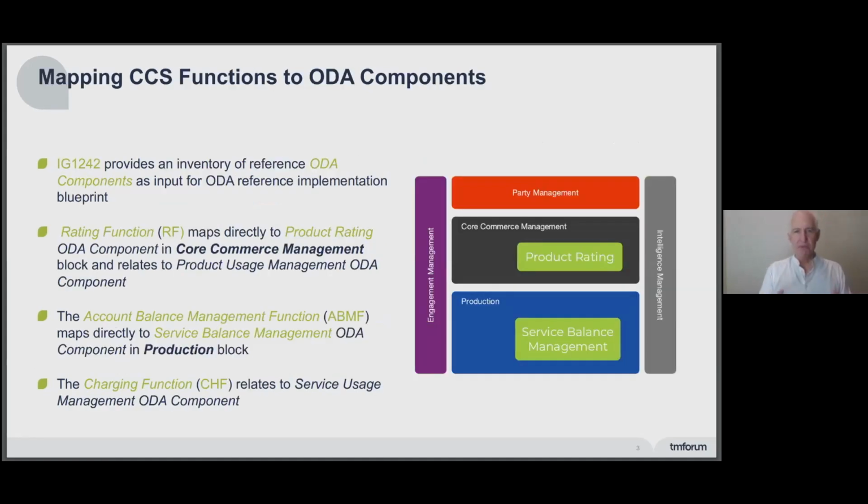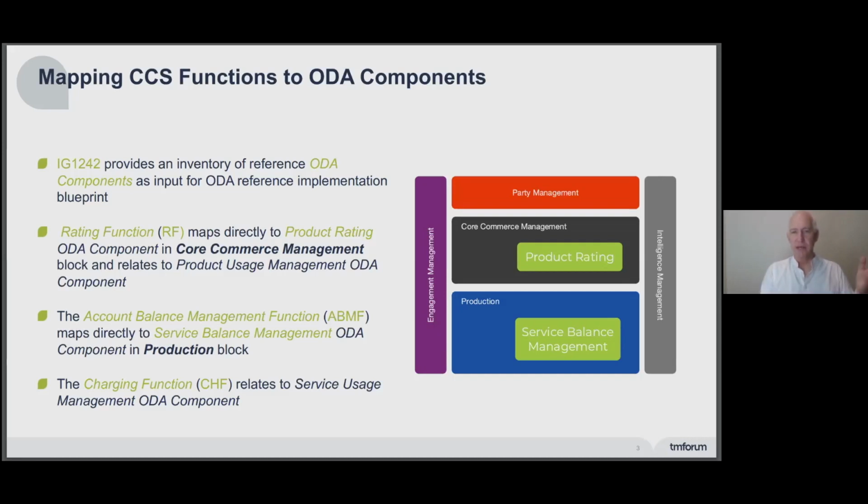If we map this to the ODA components, the ODA architecture, we can consult IG1242, which provides the current inventory of the components that are going into the ODA reference implementation. The two that we come out with are product rating and service balance management, and those have a one-to-one mapping.